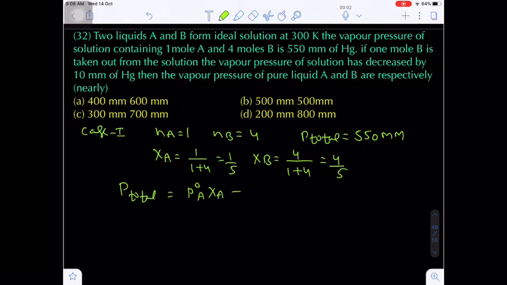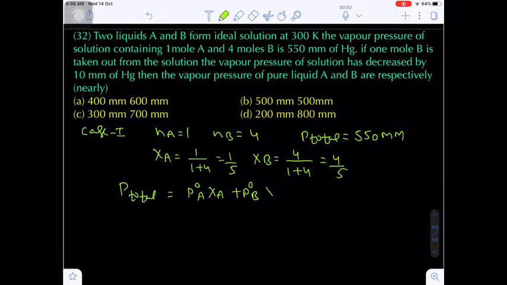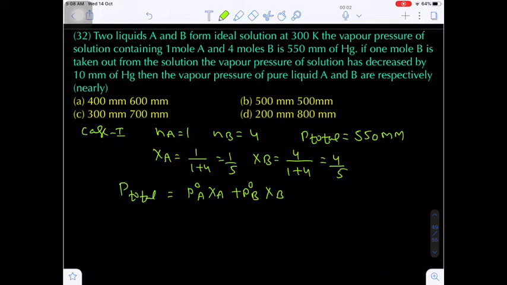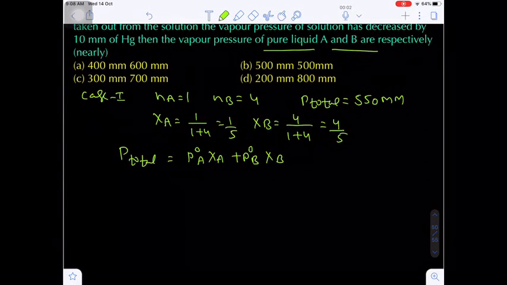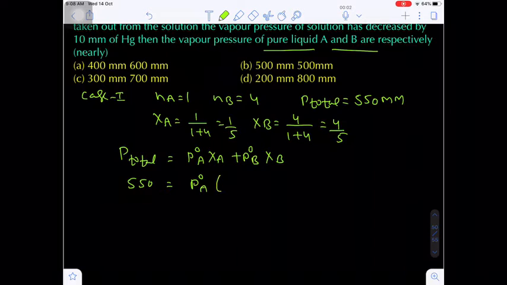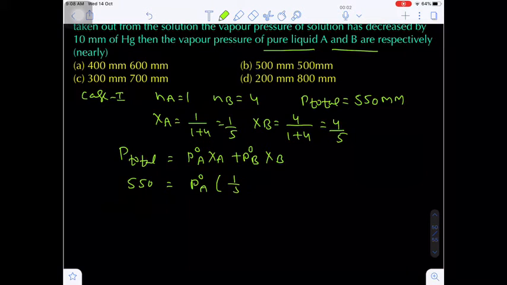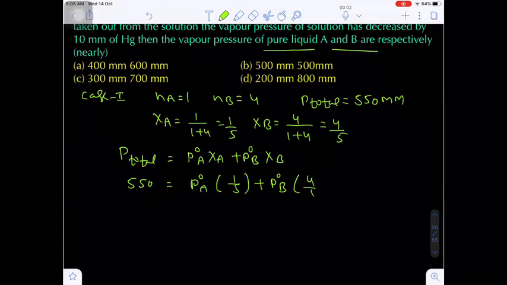That will be equal to P naught A into Xa plus P naught B into Xb. The question is find the vapor pressure of pure liquids A and B. So P naught A and P naught B we have to find. The total pressure given is 550, P naught A is to be calculated, mole fraction of component A is 1/5, P naught B is to be calculated, and Xb is 4/5.